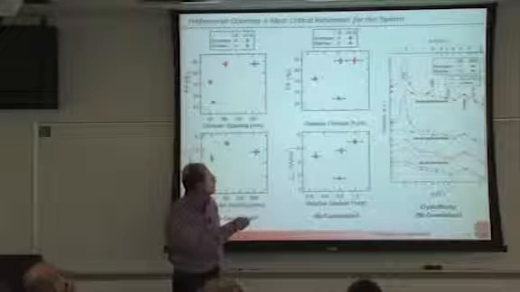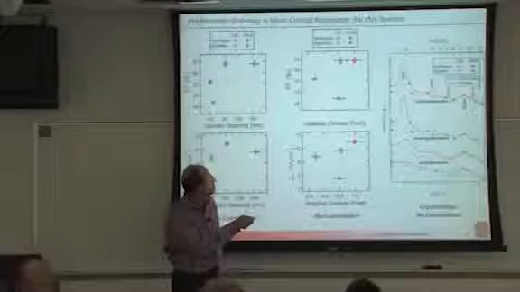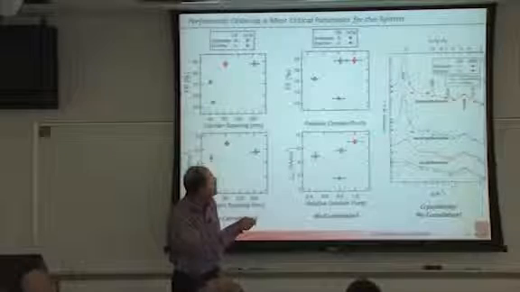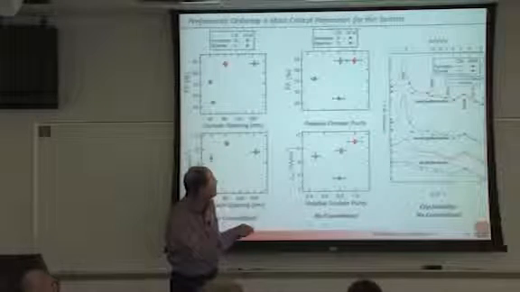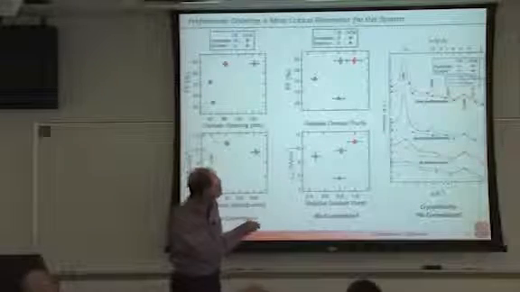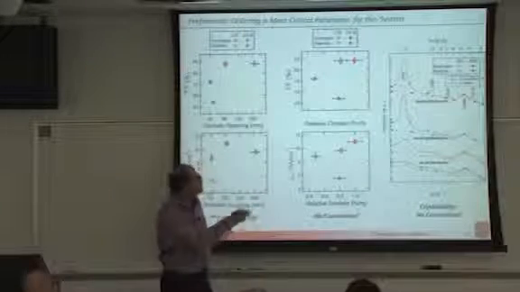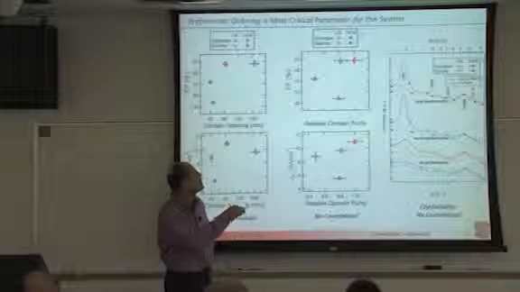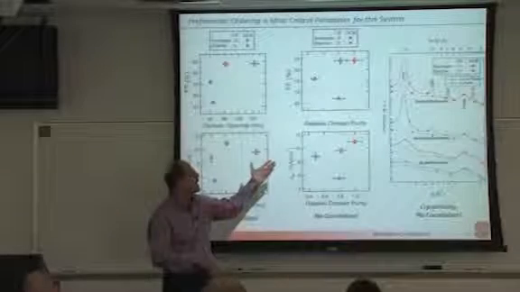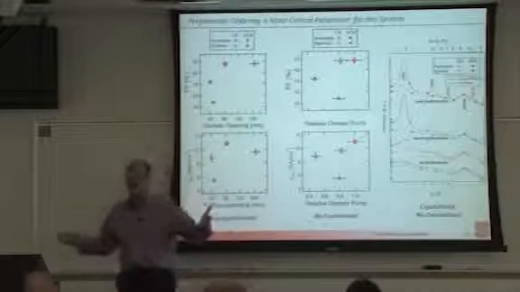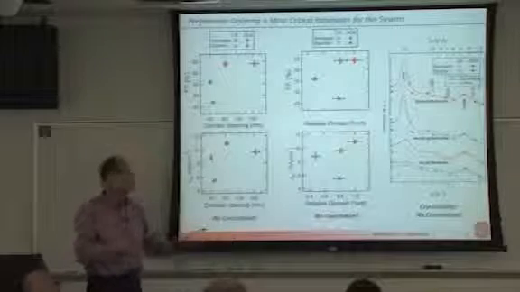This is the 100. So you can see here, if I cast from the dichlorobenzene, then I get much better crystallinity, but at the same time I get the best and worst performance. So again, crystallinity doesn't matter.